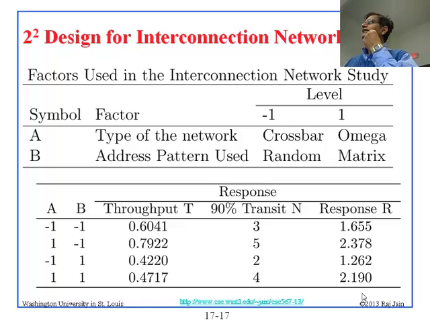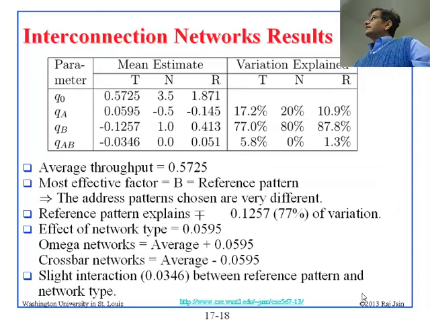So that's actually not very good news for the people who are designing it, because they can't really control the performance that much, at least from this point of view. The interaction is small, so you can't say that this is good for one kind of network. Interaction is only 5% or 6% at most. Right? So that is for the throughput.